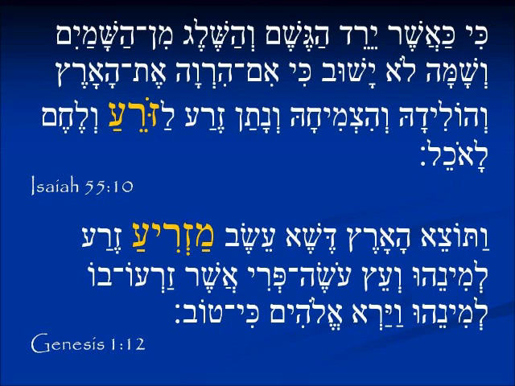In Genesis 1:12, we see the same root. We see a mem prefix, a yud infix. This tells us that it's a present tense, a participle hifil form. It's a causative form. So when we have to translate this in English, we have to say that the plant produces the seed. But in Hebrew, it's a very specific mazria.